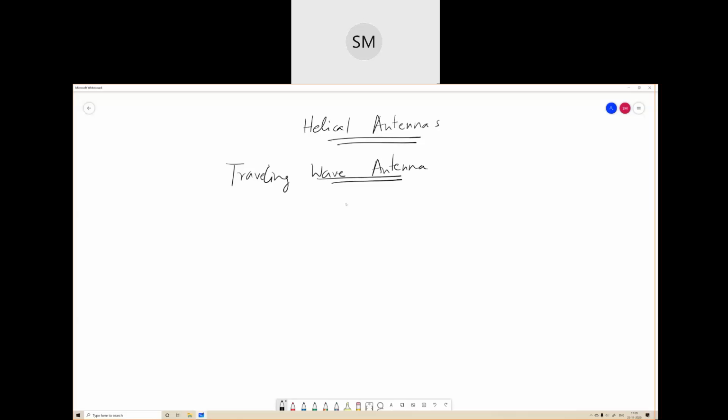How does a helical antenna look? Have you seen a helix? How does a helix look? Anyone? So, a helical antenna looks something like this. You can open Balanis if you have it with you and see a better picture, because my drawing will not be that good.